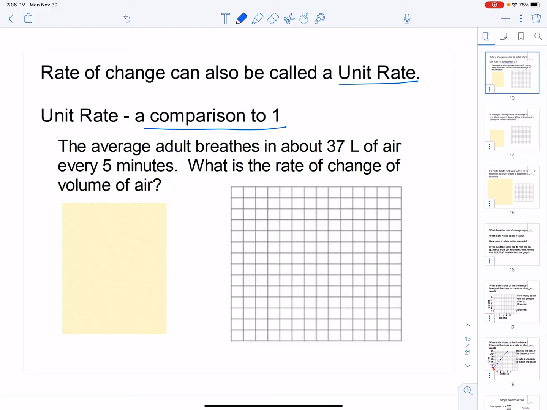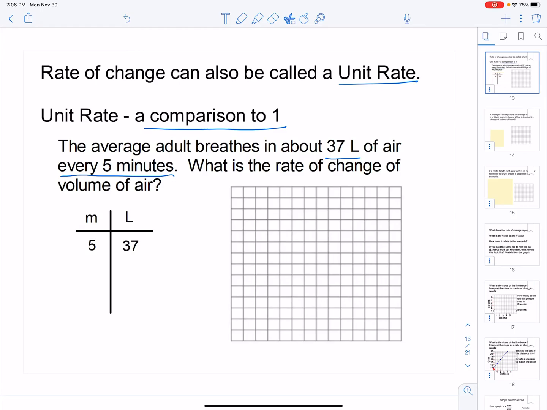In this particular problem, it says the average adult breathes in about 37 liters of air every 5 minutes. So what could we do with that? Well, believe it or not, I could create a T-chart with that kind of information. So let's see if I can create a T-chart here.